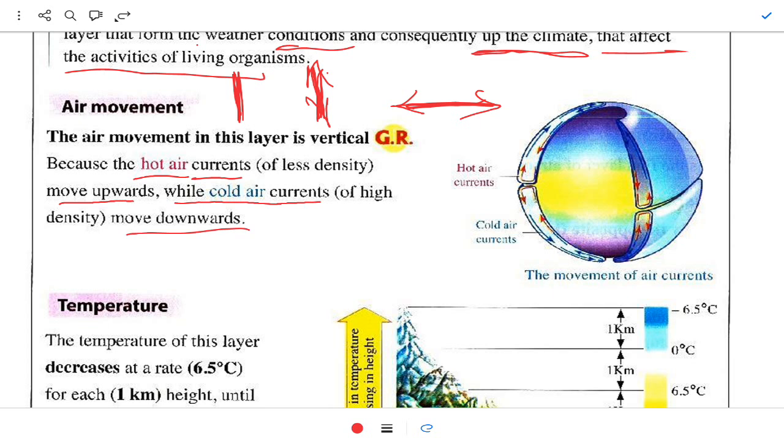So you have two things: hot air currents move upward and cold air currents move downward. So the air movement in this layer is vertical, not horizontal, as you may imagine, because we have hot air and cold air. The hot air will move upward and the cold air will move downward.